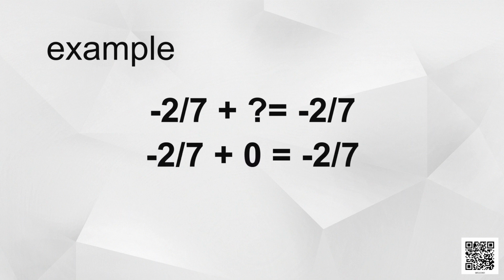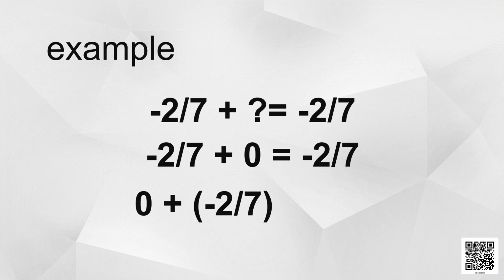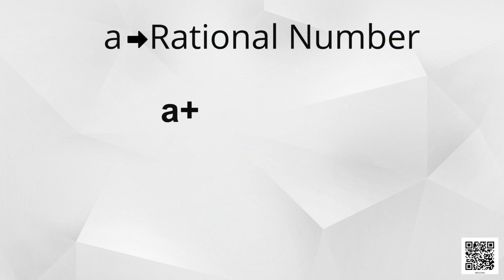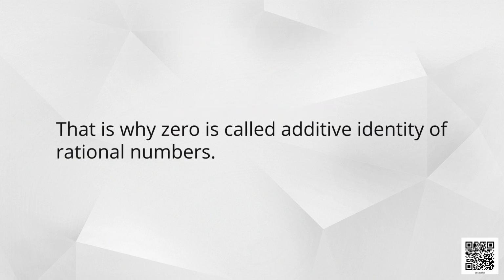Now let us reverse the order. 0 plus minus 2 upon 7. This is also equal to minus 2 upon 7. So we can say that for any rational number a plus 0 is equal to 0 plus a is equal to a. It seems as if 0 is a mirror which does not change identity of rational number. That is why 0 is called additive identity of rational numbers.